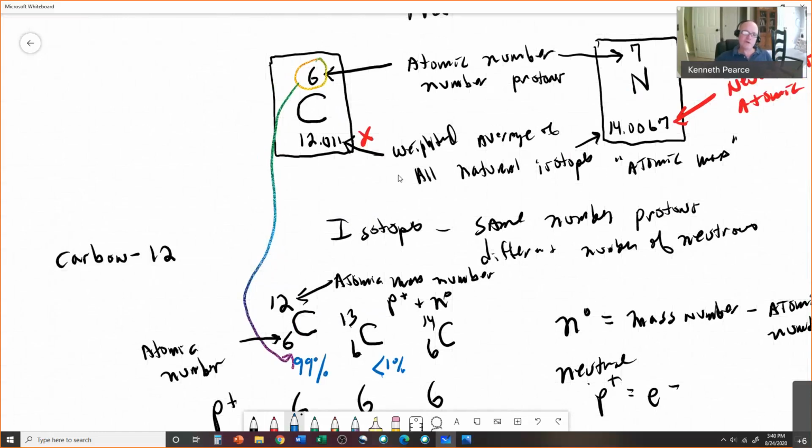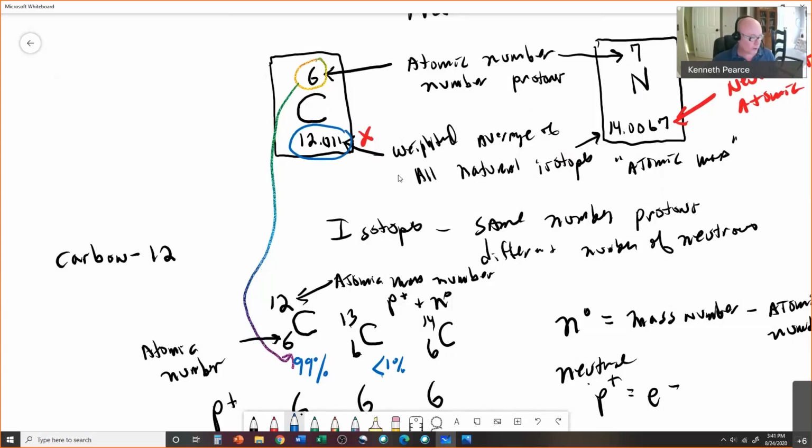If you average these as a weighted average, in other words, you take the percent composition times the mass and then add them up, you get a weighted average. It makes sense that with mostly carbon 12, you would be very close to 12, but not right on 12, because it's an average of all three isotopes.